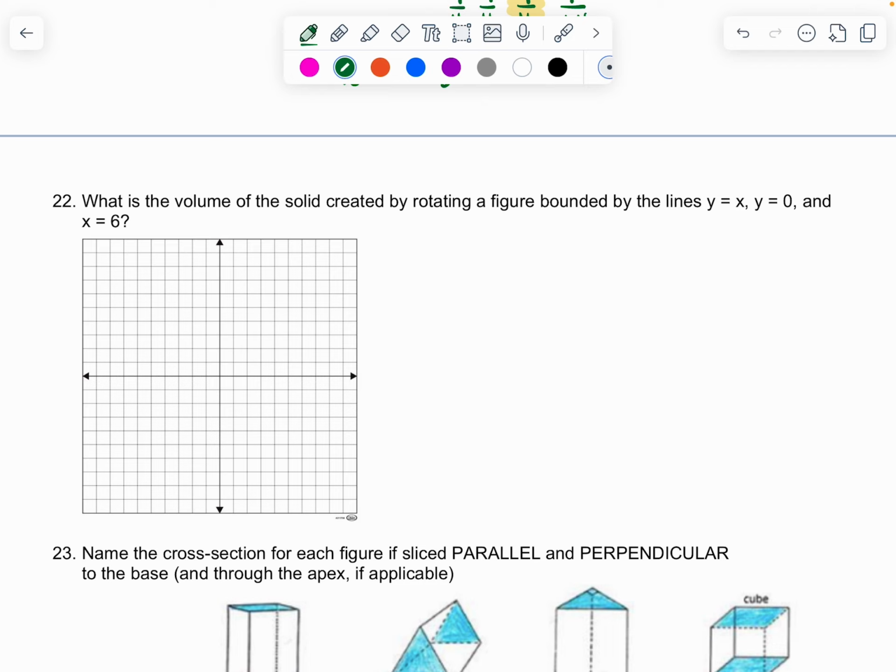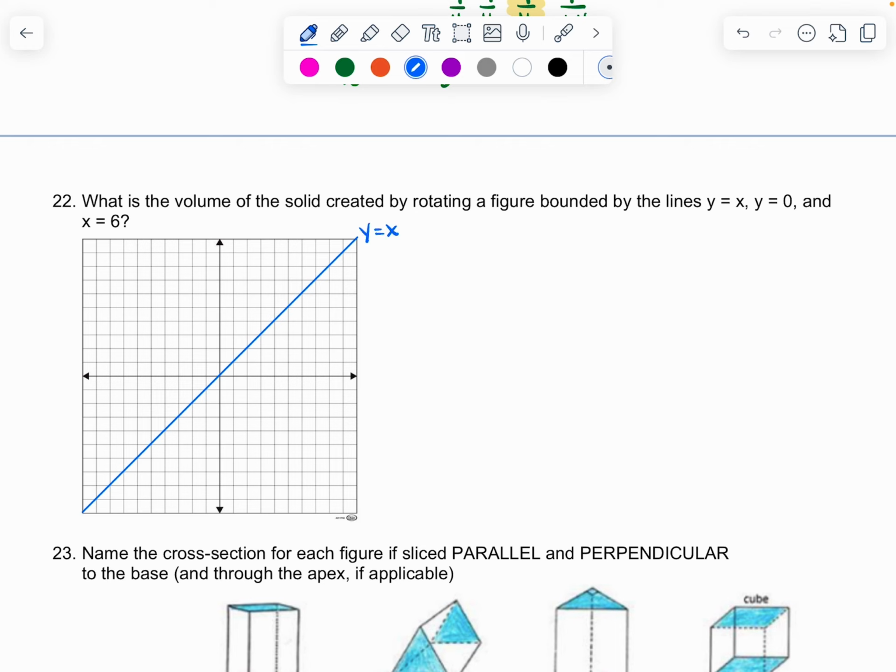Okay, 2 more. Here we go. I like this question. There's nothing really like this on your test, but it's a great preface to a calculus type question, and it's nothing beyond the scope of your ability to do this, right? So it says, what is the volume of the solid created by rotating the figure bounded by these lines? So we're basically just graphing these 3 algebra lines.